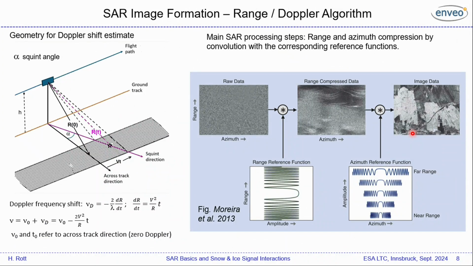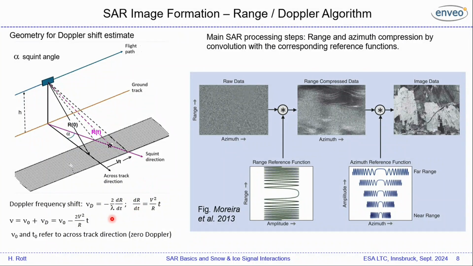Now in the azimuth direction we also perform a compression, and this is because of a Doppler shift. For example, if we have a point exactly perpendicular to the antenna, then the so-called Doppler shift is fixed at 0, and from there on the Doppler frequency varies, because the distance to this point is different from the satellite here and here.